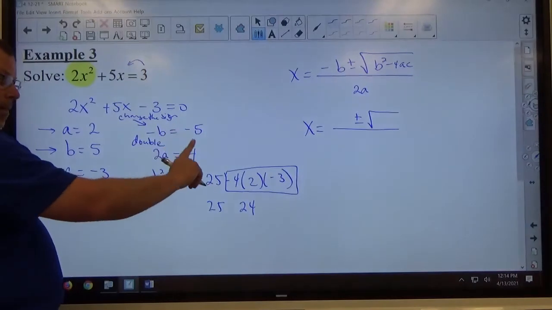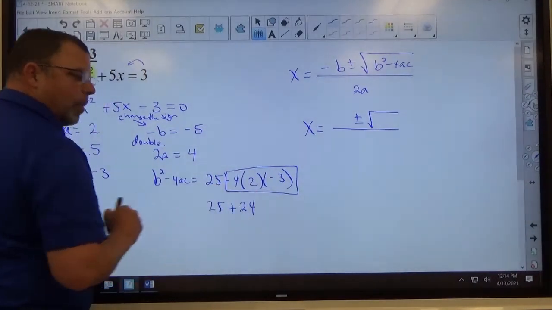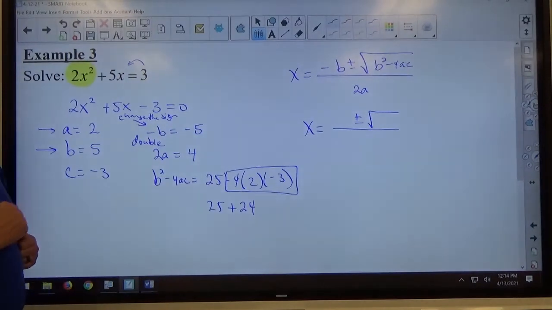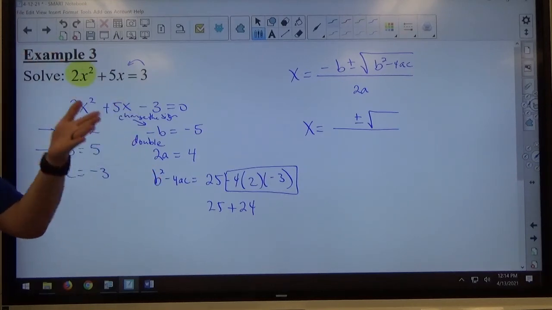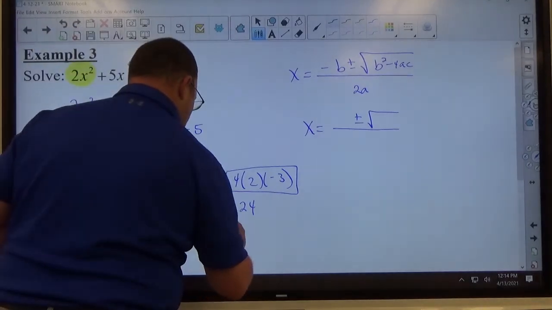The minus that's in the formula multiplied by the negative 3 changes it to plus 24. So again, it's always a perfect square number, plus or minus another number. Your job is to determine plus or minus based on the product that's happening. In this case, we're multiplying the minus sign in front times the negative 3. The 2 negatives make a positive, so it becomes plus. 25 plus 24 is 49.